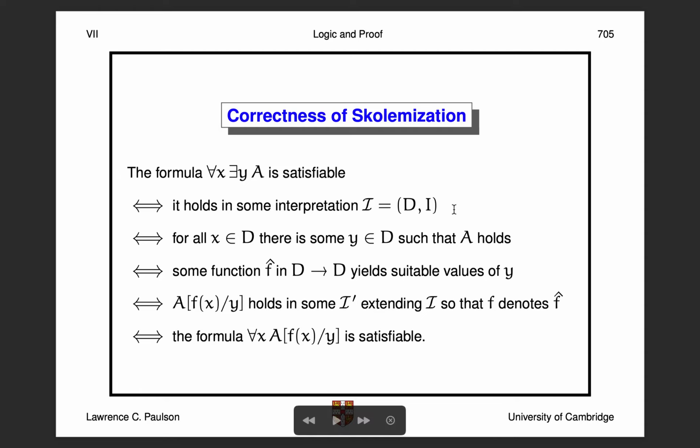Now, as usual, semantics generally boils down to translating symbols into English. So if and only if, for every x in our domain D, there exists a y in D, such that A holds for those particular values of x and y.